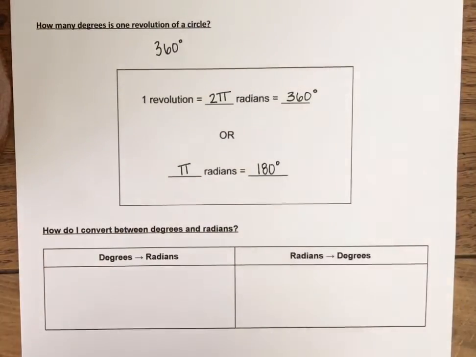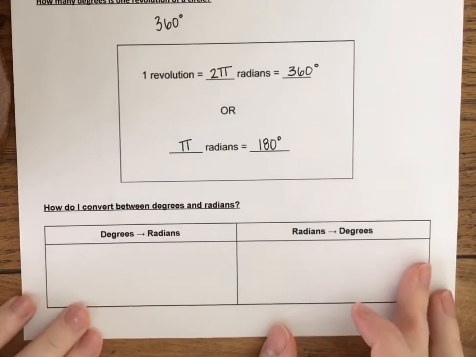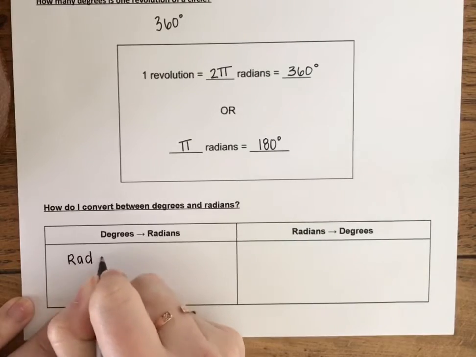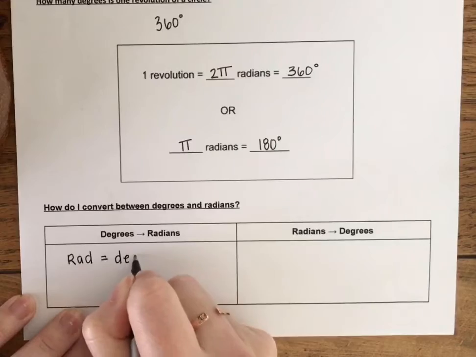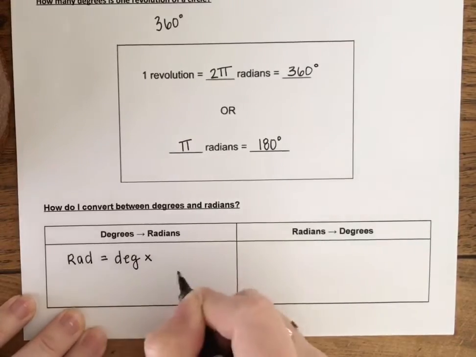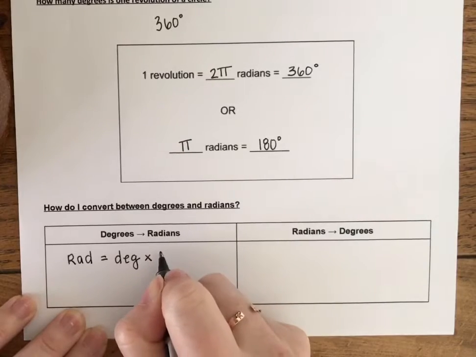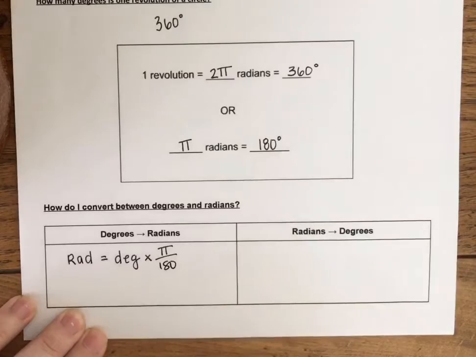Okay, so that's just going to make our life a little bit easier as we are converting between. So how do I do this? What am I going to do in order to convert from degrees to radians? If you are trying to find the radians, we're going to take our degrees and multiply it by this conversion factor, pi over 180.